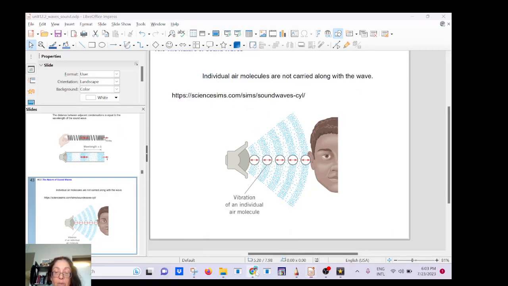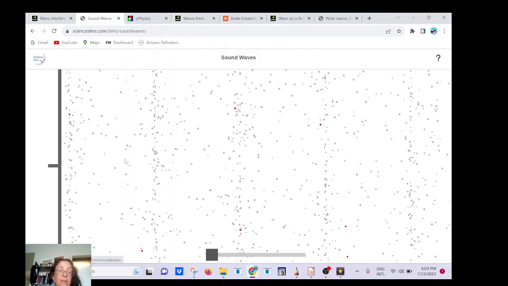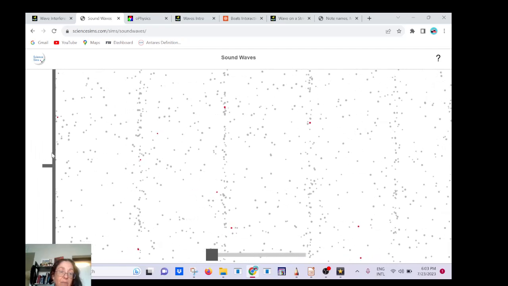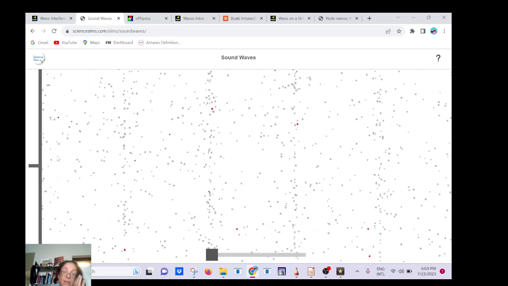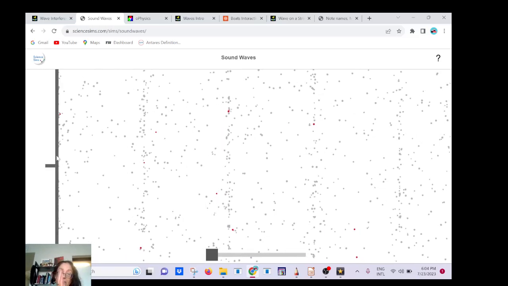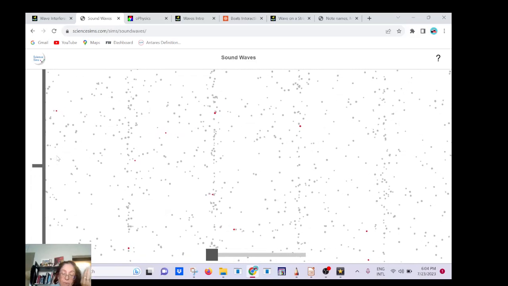Okay, I have another simulation to show you. It's a great simulation. Now you can see this thing is vibrating back and forth at a given frequency. The frequency is the number of cycles per second. One cycle: you start from here, you go back, and then you go forward again.